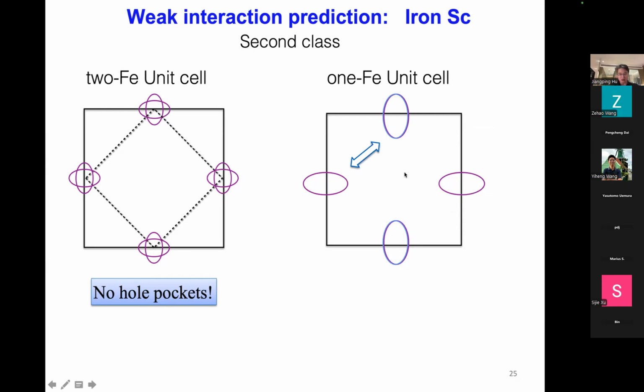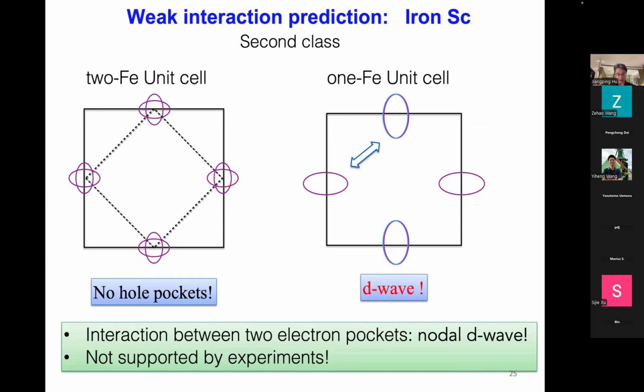Okay, so this will be D wave. If you use the same argument as before for the second-class iron-based superconductors, you will argue this will be the D wave. But certainly, the D wave is not supported by experiment, because D wave would still create some nodes in the kz direction.